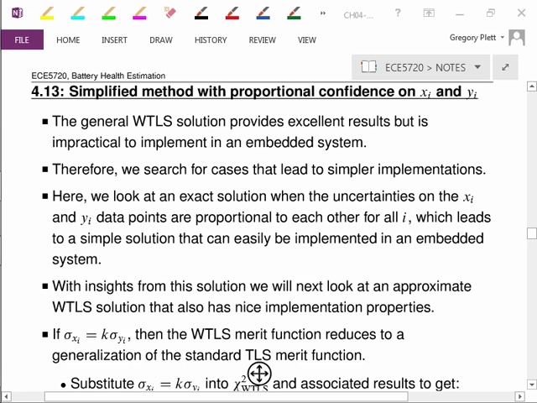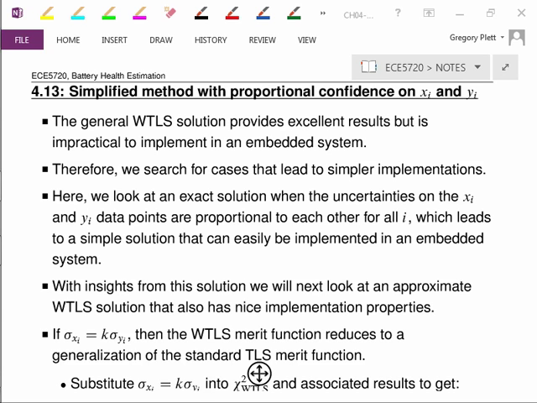So at this point, we have stated that the weighted ordinary least squares solution is easy to implement, but it gives biased results. And the general weighted total least squares solution gives excellent results, but is really not practical to implement in an embedded system, which is what we really wish to do.